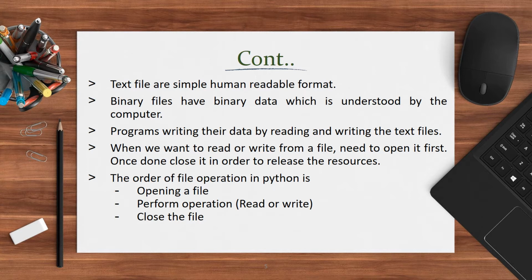When there is a need to read from or write into the file, we first have to open it. Once reading or writing is done, we have to close the file in order to release the resources. The order of file operations in Python is as follows: opening the file, performing the operations, that is, reading or writing, and closing the file.